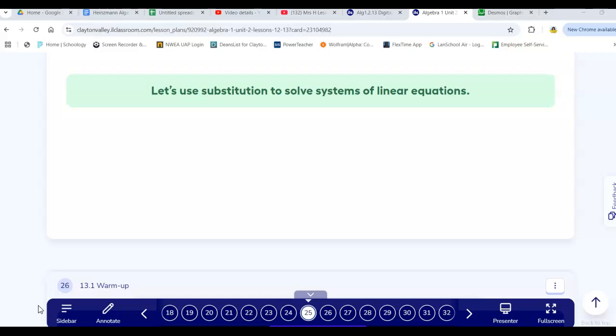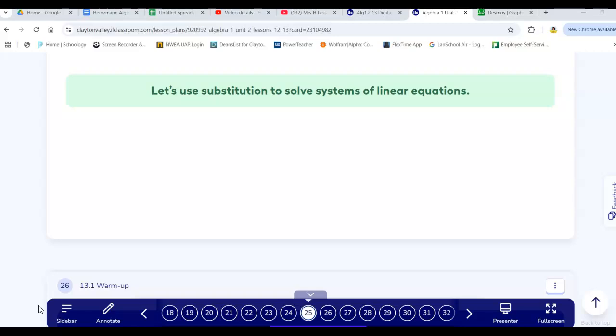We found out that if you graph both lines and the two lines cross, where they cross, that point is a pair of values that satisfies the system because it is a solution to both lines, to both equations.